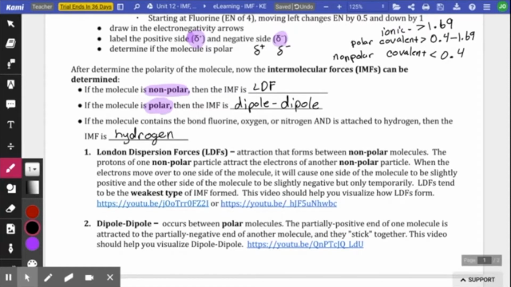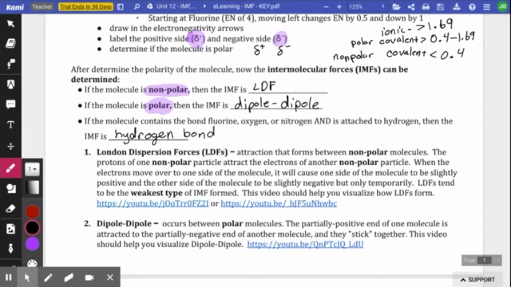Now, again, remember, if I've got a hydrogen bond, I've technically also got some dipole-dipole going on there. I've also got some LDF going on there. So they kind of work in tiers. Your hydrogen bond has all of them involved. Dipole-dipole is just going to be dipole-dipole and LDF. And then if it's nonpolar, then you're just going to have LDF.